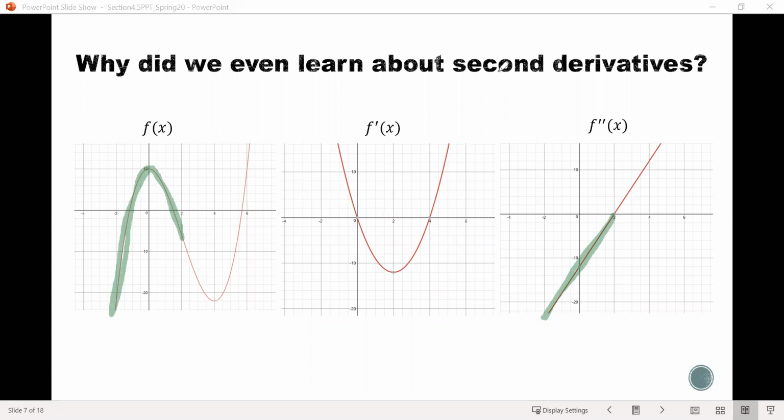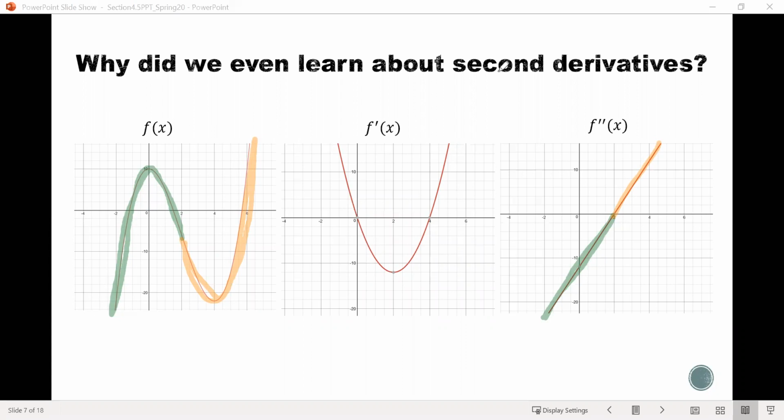Notice, again, for the second derivative, for all values of x greater than 2, the outputs are positive. And that corresponds to this portion of the graph here. What is the difference between the orange and the green in the original function?